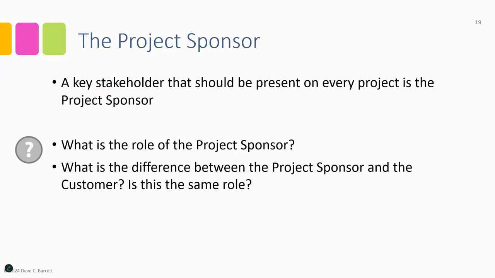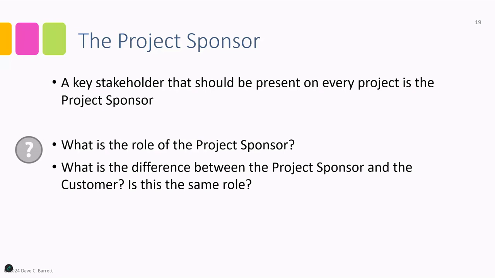There are some projects, though, where the project is done directly on behalf of a customer. For example, a good example of this would be where a contractor is building a new home or a new house on behalf of an individual or a customer, the person who is receiving the house.